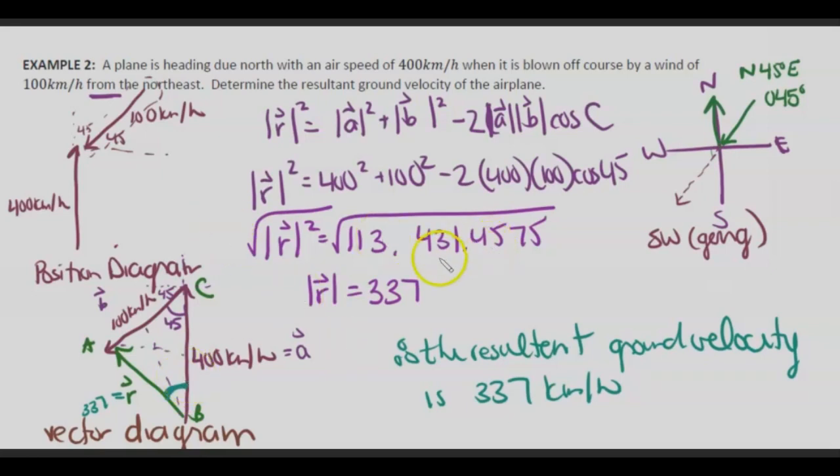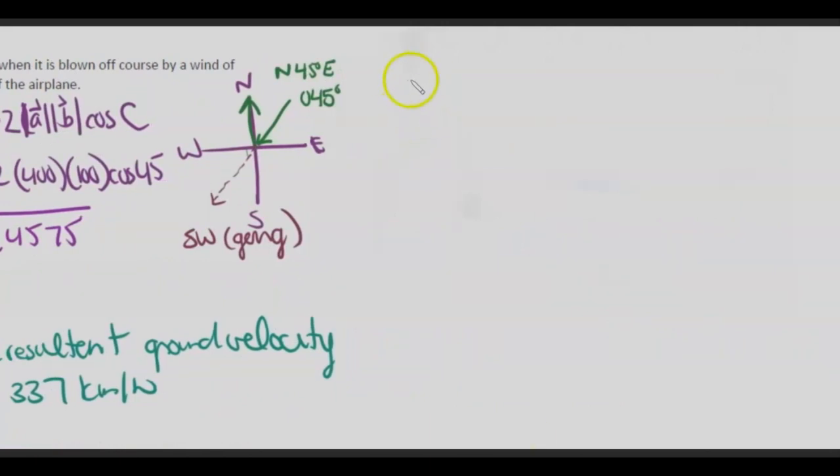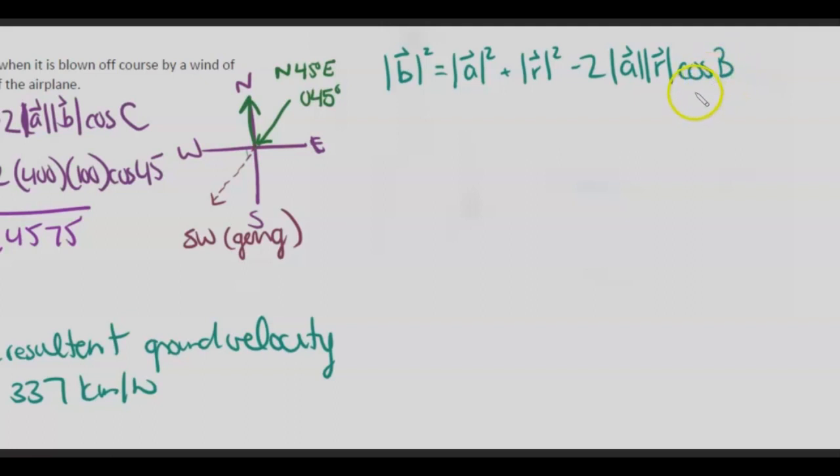We have 400, 100, and we're going to find the angle that's opposite the 100. 100 is the B. So we're going to have the magnitude of vector b squared equals magnitude of vector a squared plus magnitude of vector r squared minus 2 times the magnitude of vector a times the magnitude of vector r cos b.